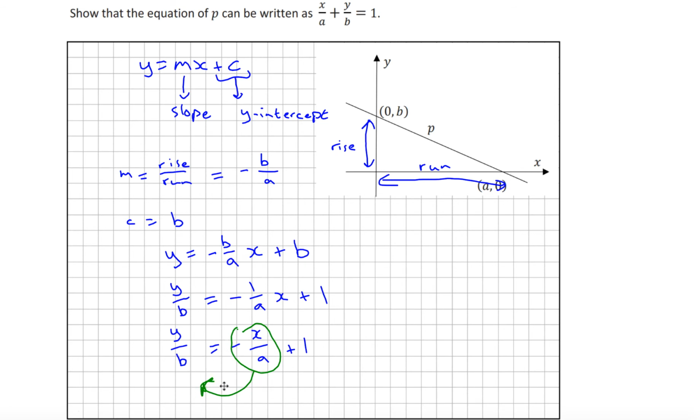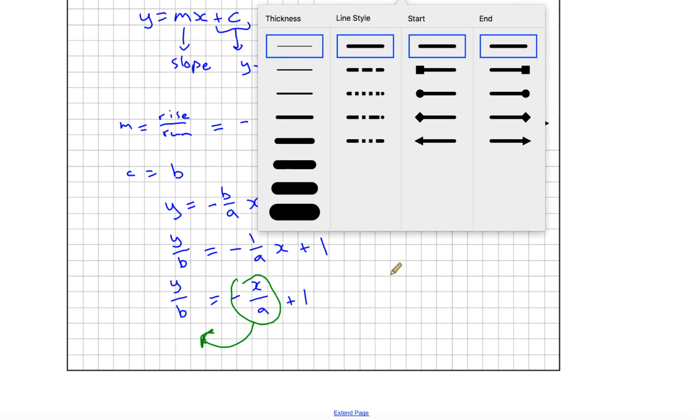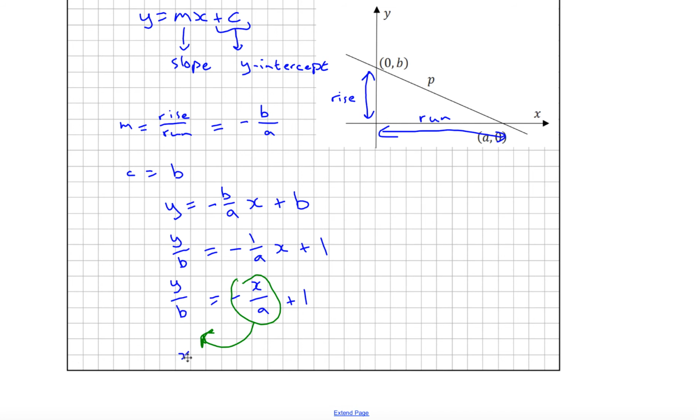So instead of minus x over a, it becomes plus x over a. That gives me x over a plus y over b equal to 1, which is the only thing left on the right hand side, and that's the form that I want. So that's part A finished.